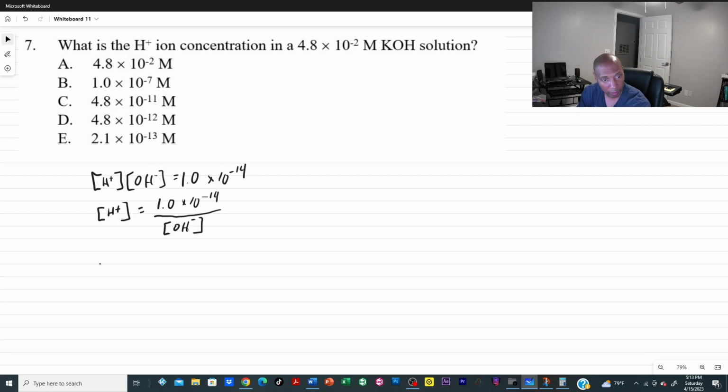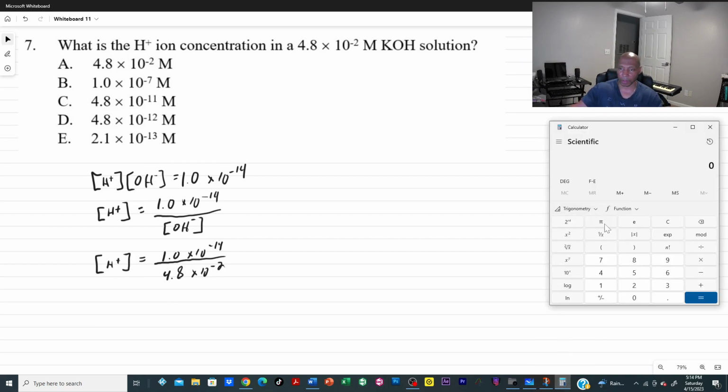Just a little algebra there. So that's 1.0 times 10 to the negative 14 divided by 4.8 times 10 to the negative 2. Oh yeah, potassium hydroxide is a strong base, and so my potassium hydroxide concentration and my OH minus concentration are one and the same. So yeah, I left that little part out.